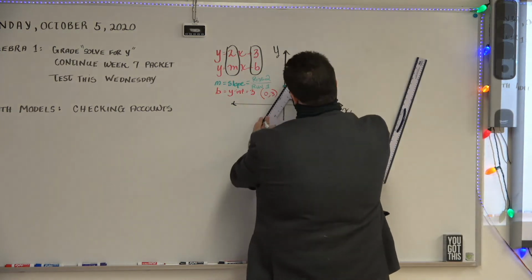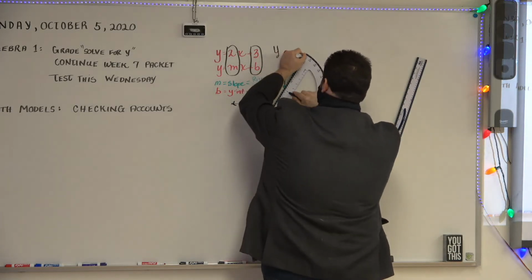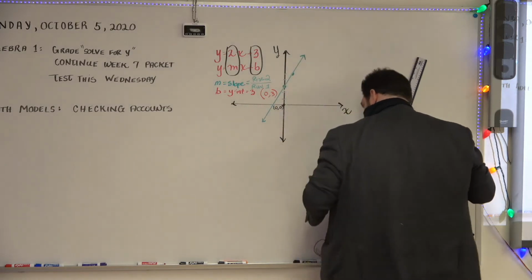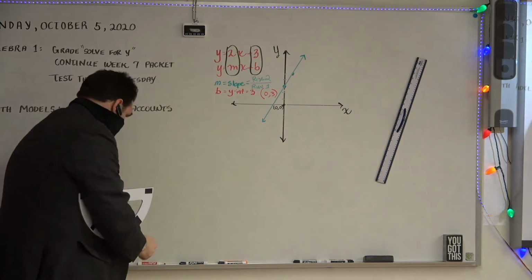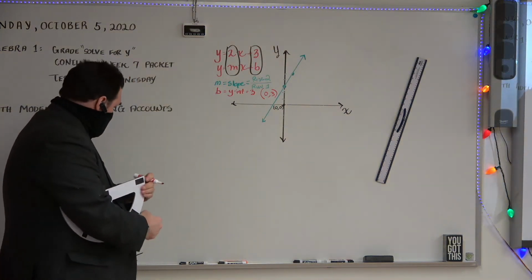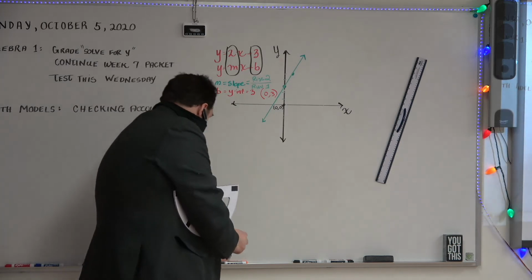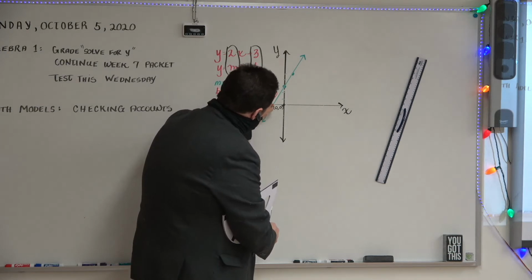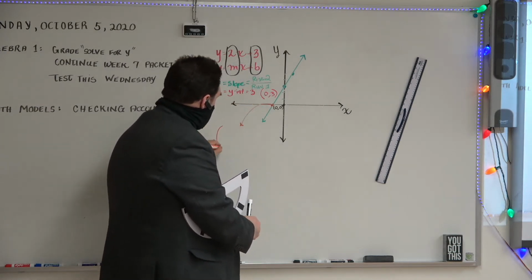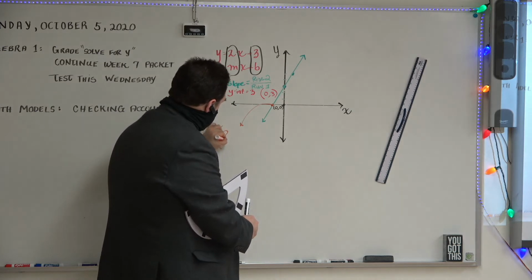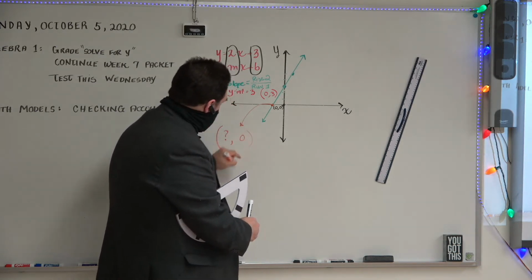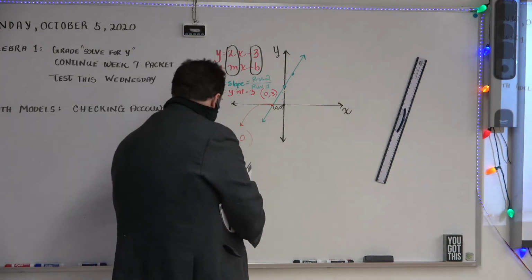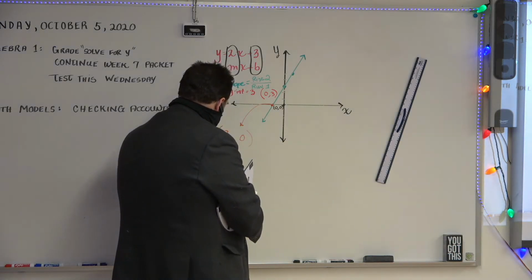So this is a do as I say, not as I do, since I'm being kind of careless up here. But this will work. Okay, so this is where we were. Now the question is, how do I identify the coordinates right here? We know that the y coordinate is 0. But how do we identify the x coordinate? Because if we can identify the x coordinate, we'll have the x-intercept.